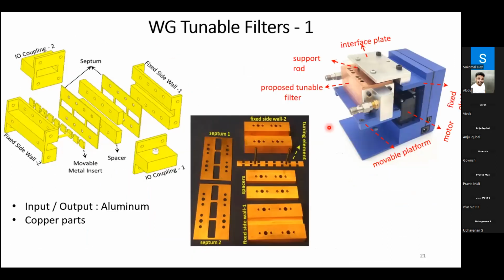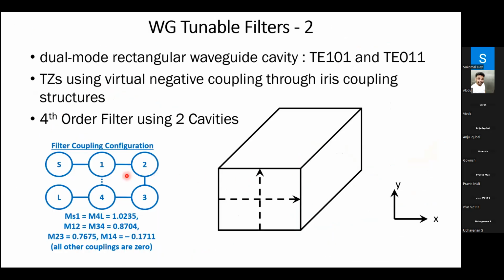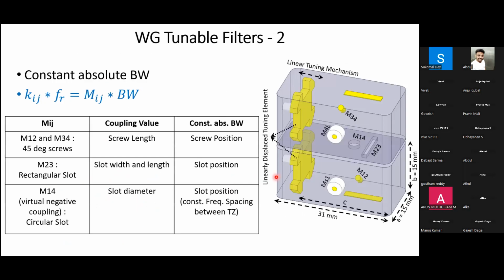Whereas in the dual mode filter that we have designed, here there is a cross coupling between resonator 1, the first mode and the fourth mode. The circular slot is what is creating the coupling between the fundamental mode in this direction in this cavity and in this direction in this cavity.